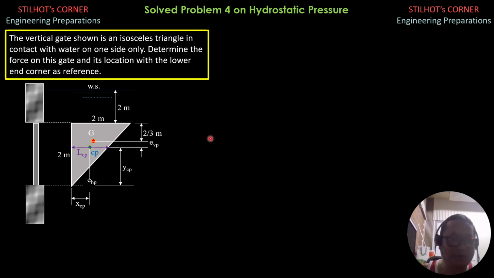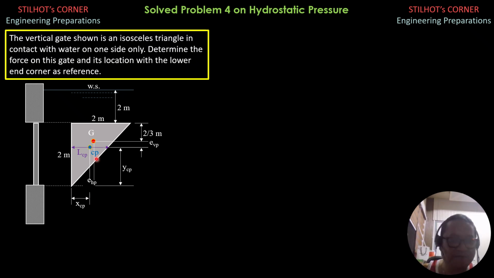So it's just 1 because sine of 90 is 1. The horizontal distance between G and CP is denoted by E sub HP as shown, and the x coordinate of the center of pressure is denoted by x sub Cp. The y coordinate is denoted by y sub Cp as shown in the figure.